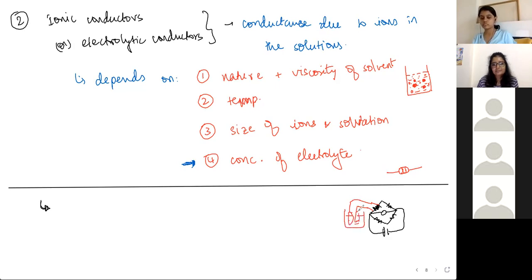Okay, so either way you can use it. The setup exactly is not the problem. There are other reasons why you can't use a Wheatstone bridge.